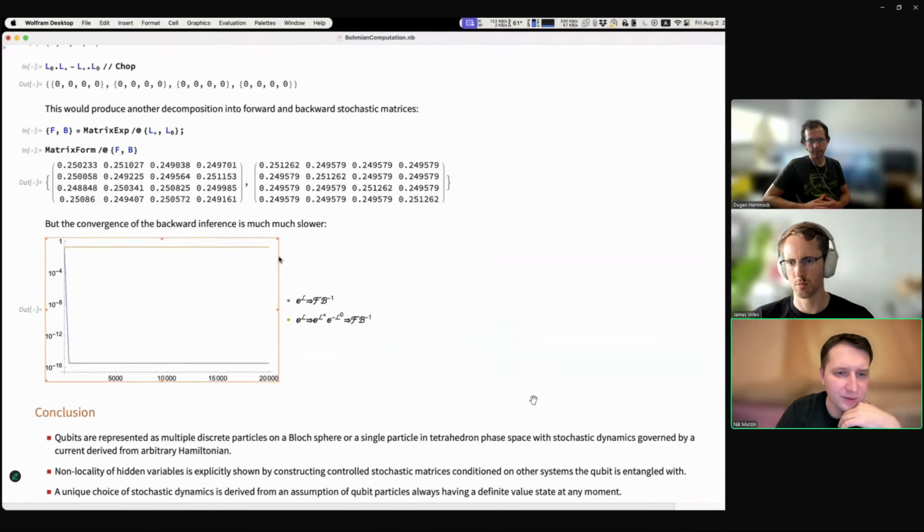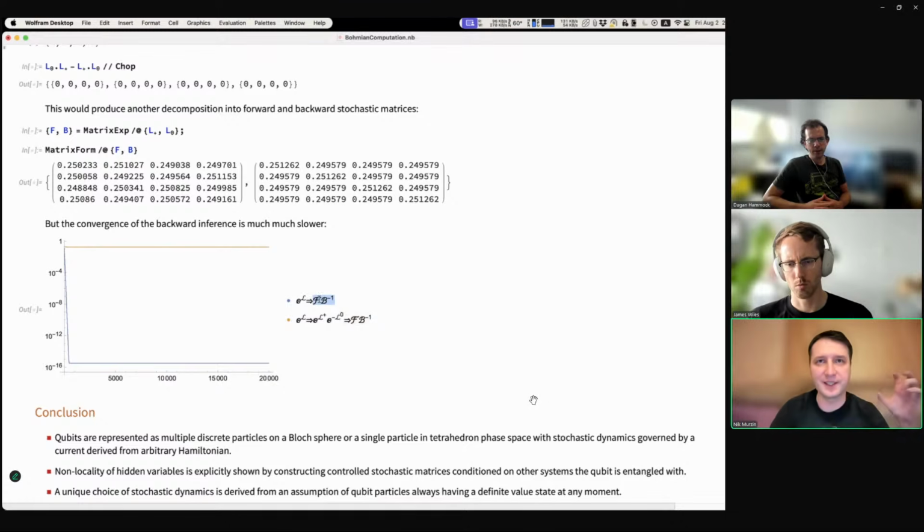Yeah, so this is comparing how to decompose. If you decompose the way I did, using the forward and backward stochastic matrices, you get almost immediate convergence to the posterior. But if you do it in the exponential, you decompose it into plus and zero components, and then exponentiate them to get forward and backward.